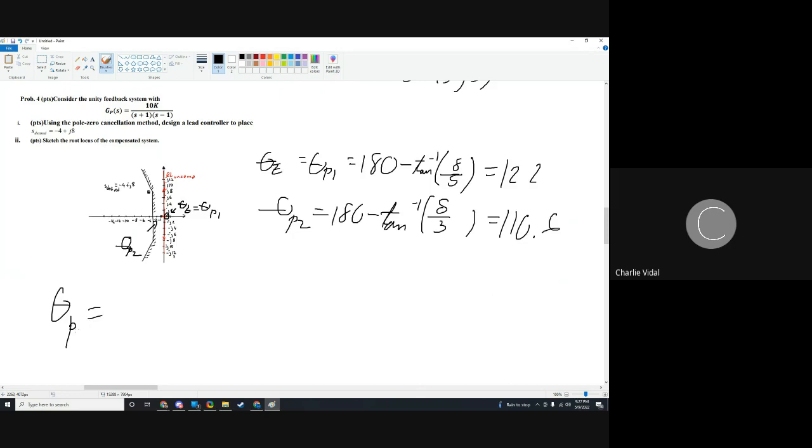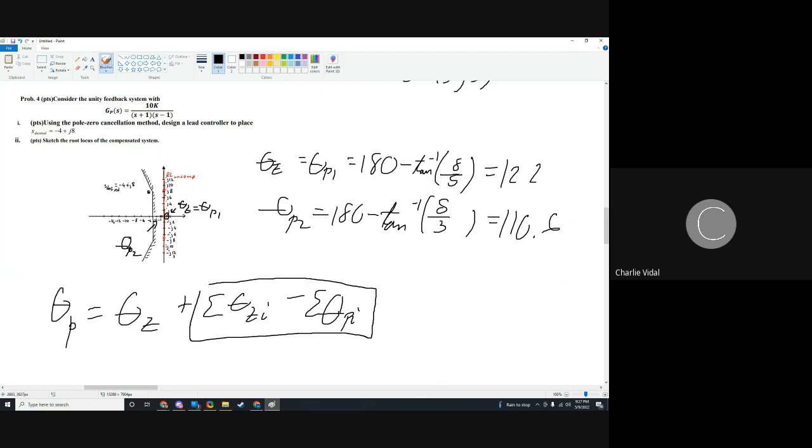And this changes things up in the equation. Theta p is equal to theta z, the one that we just placed, plus the summation of theta zi minus the summation of theta pi. So you can see right over here that these two are switched up.